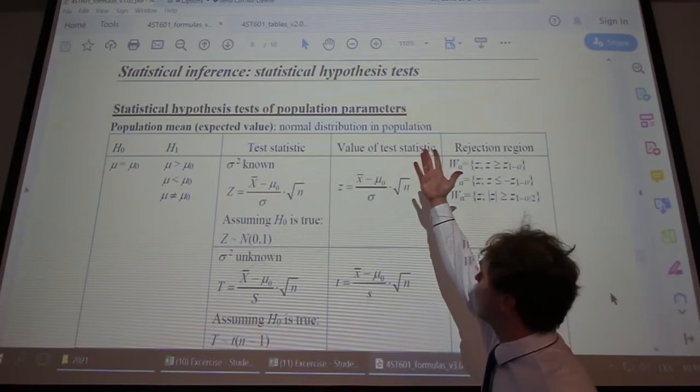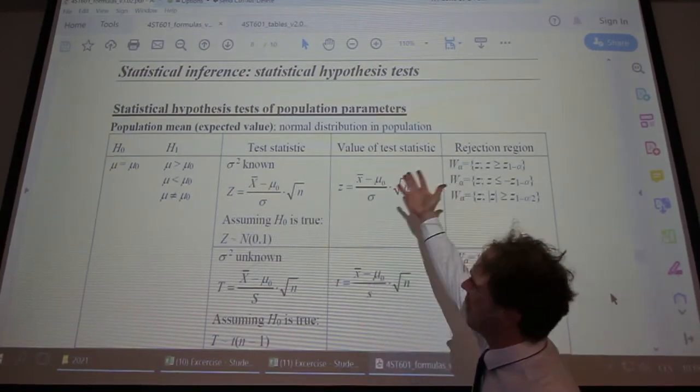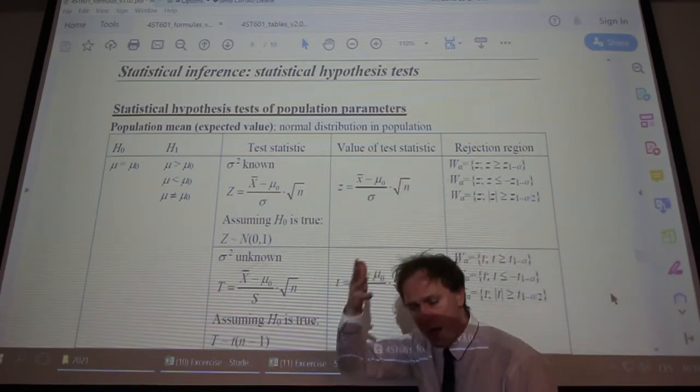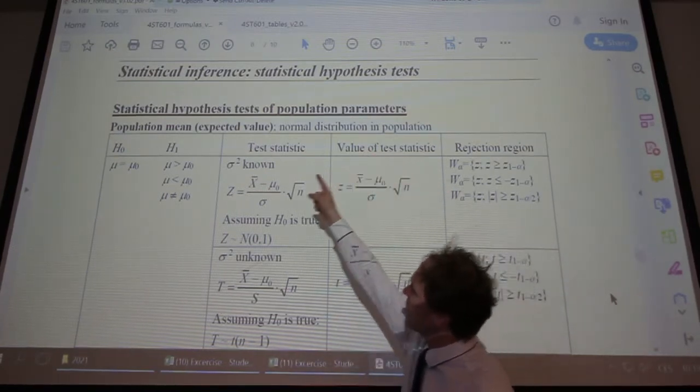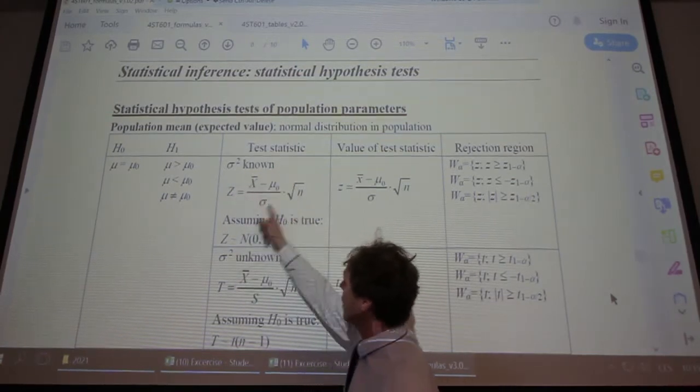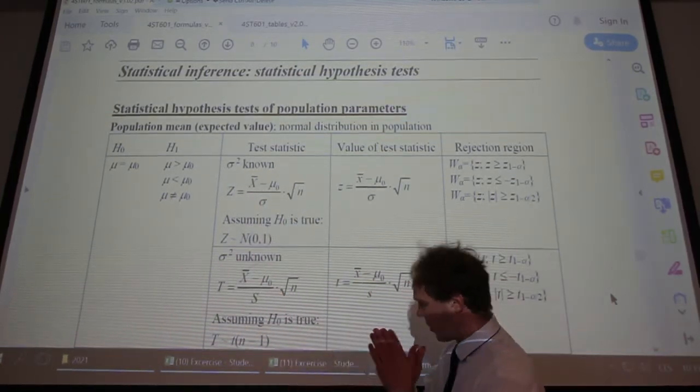You can see that we have here a table divided into two parts. As I already said, there you can find sigma squared known and sigma squared unknown.